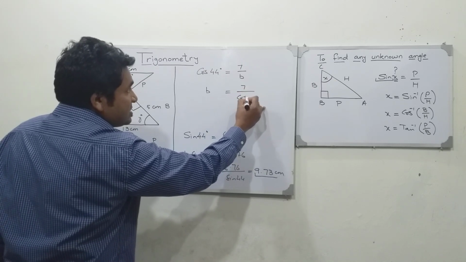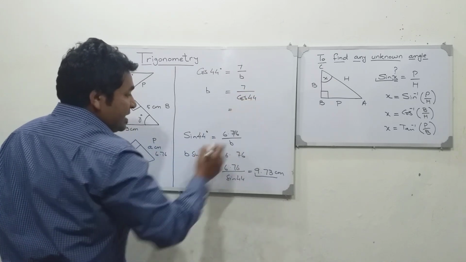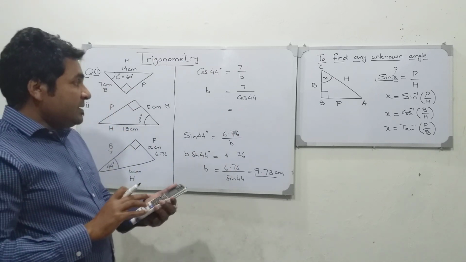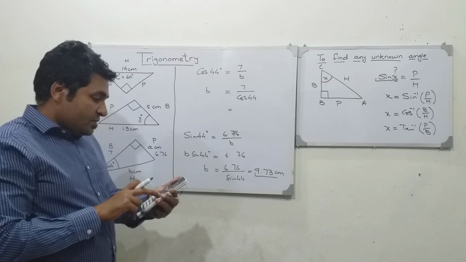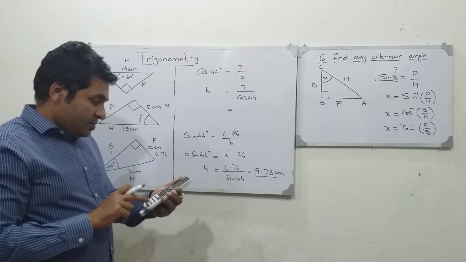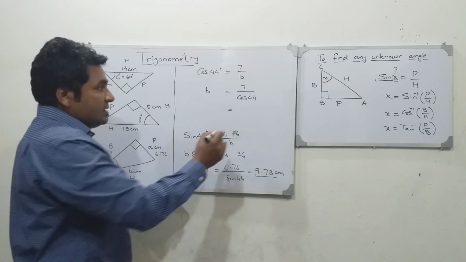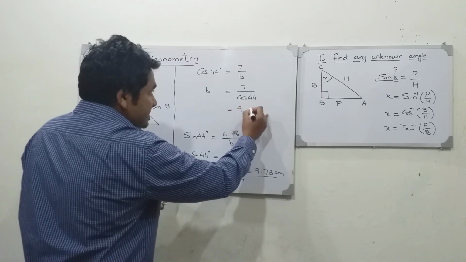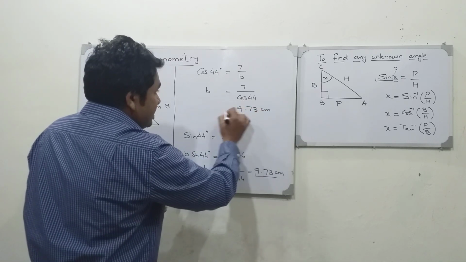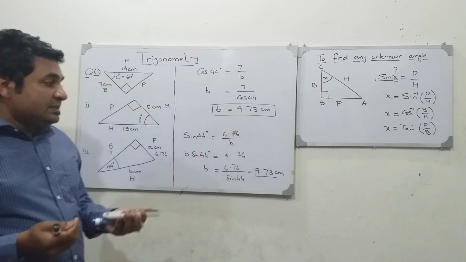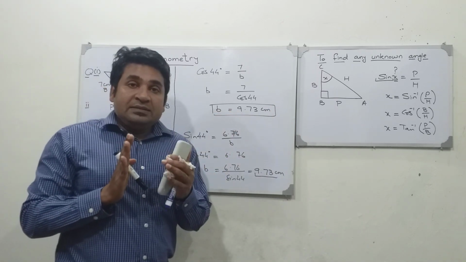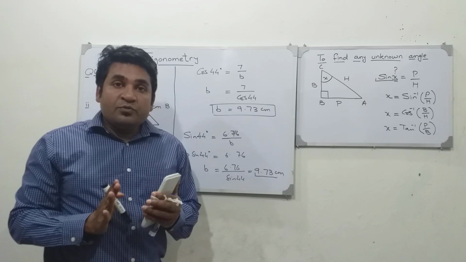So this is cos 44, and when you divide 7 by cos 44, you will again get 9.73 centimeters.